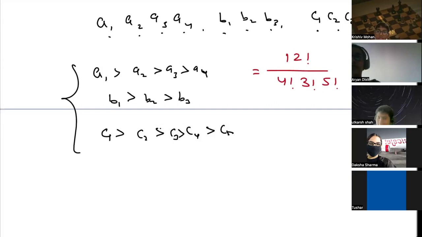Right? Now, why are you writing this? Utkarsh, why are you writing this? It is because we can always arrange the numbers in such a way that they are in increasing order.